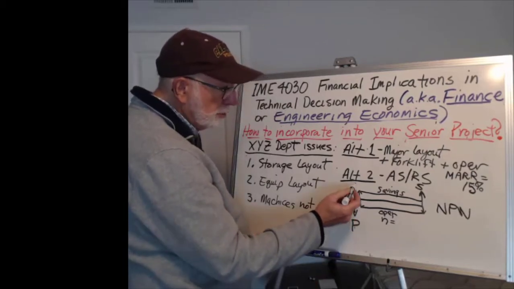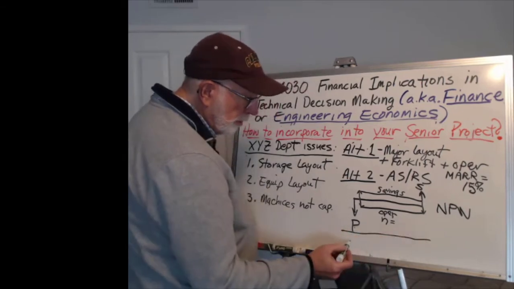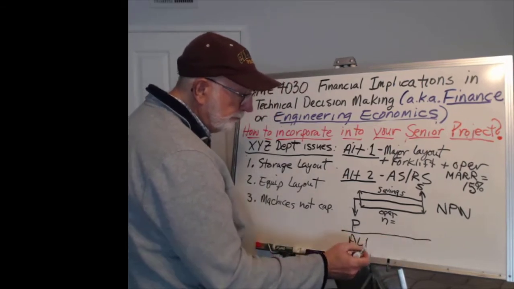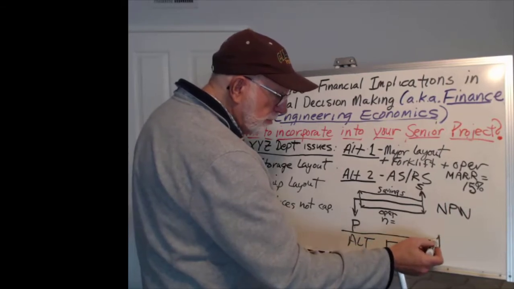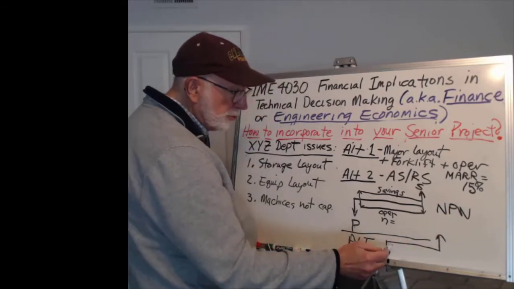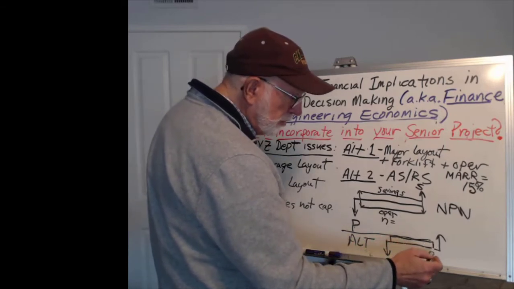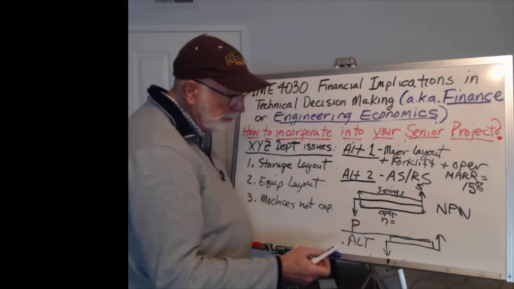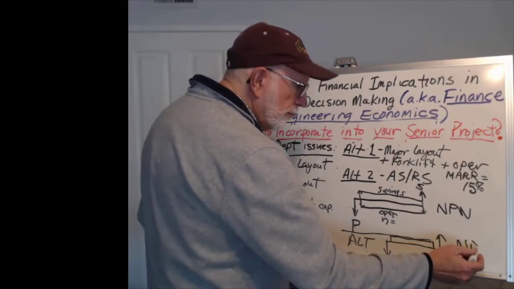And then you do the same thing for alternative 2. You're going to have a cash flow diagram, the cost of the ASRS system. You're going to have whatever the benefits or savings are. And then you calculate the net present worth.